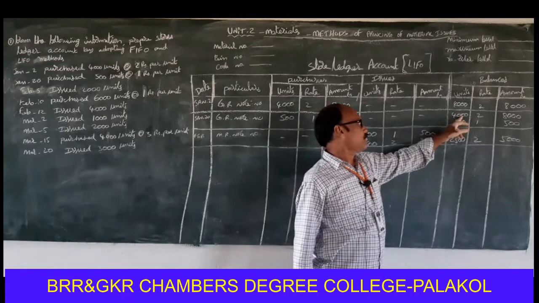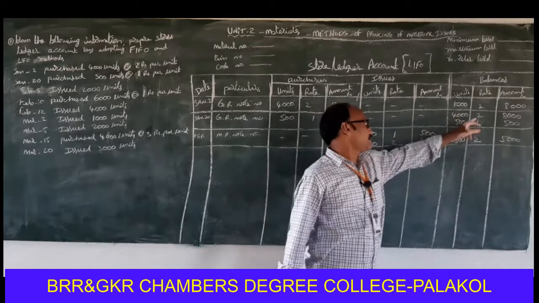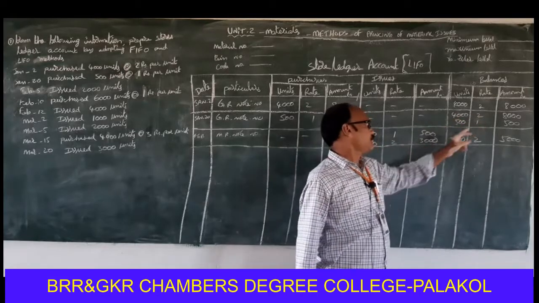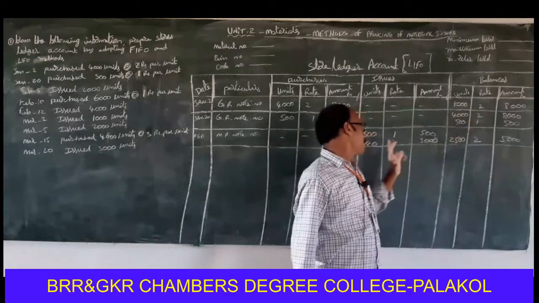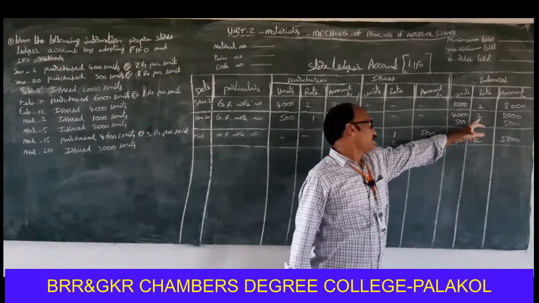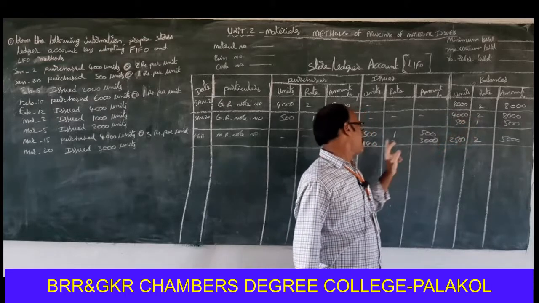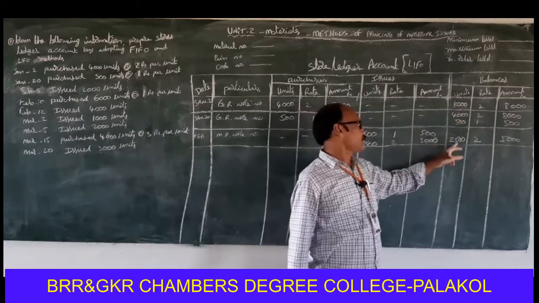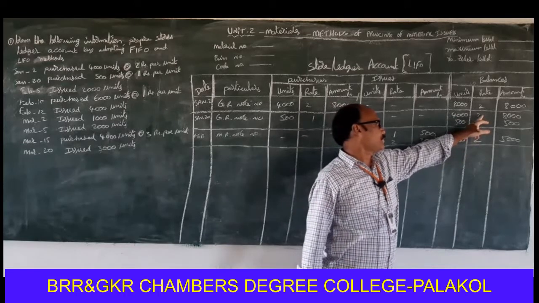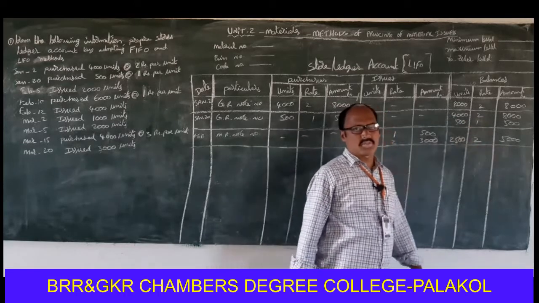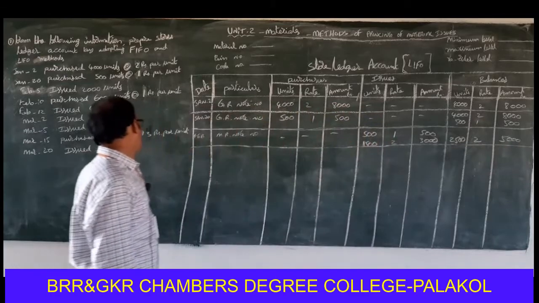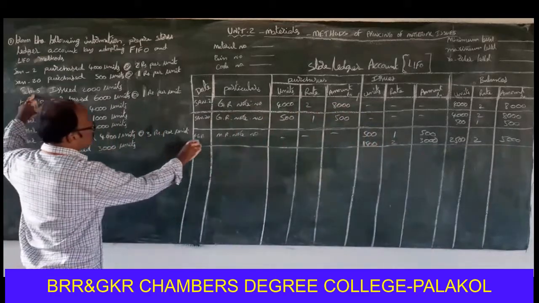So 1,500 at the rate of 2 rupees per unit, 3,000. So 4,000 minus 1,500, 2,500 at the rate of 2 per unit, 5,000. Right. This one is February 5th.